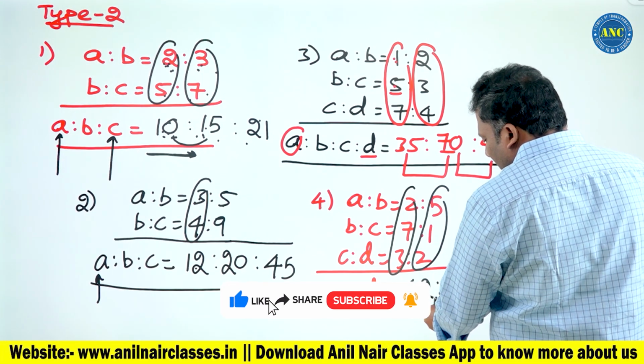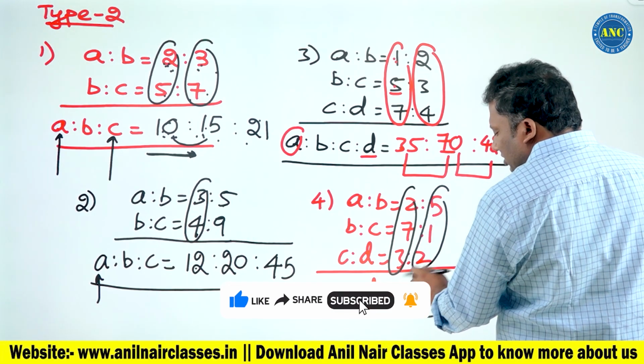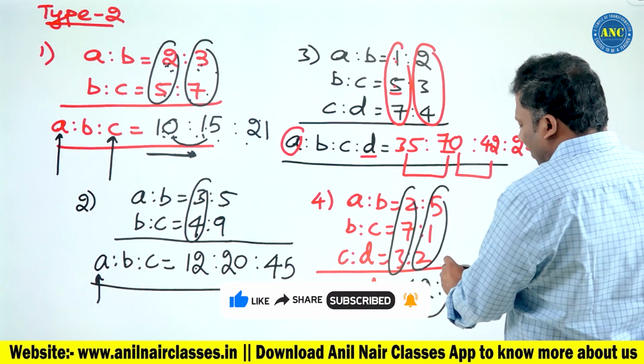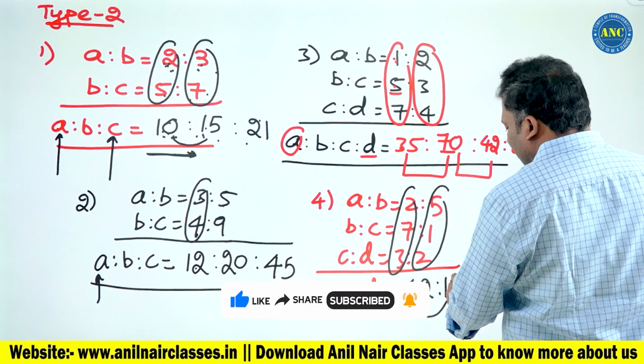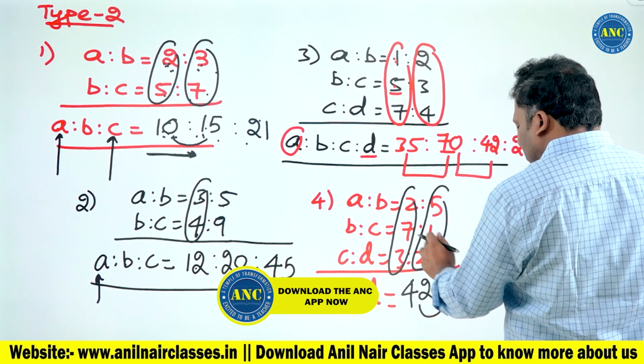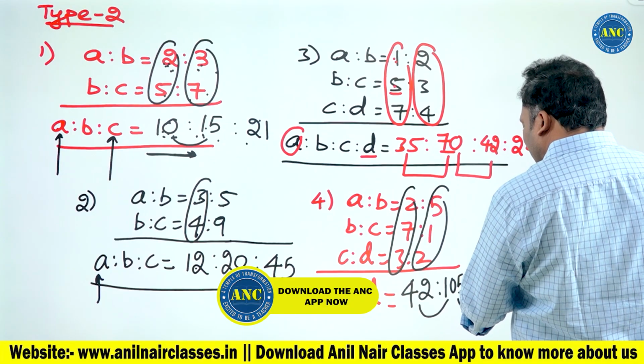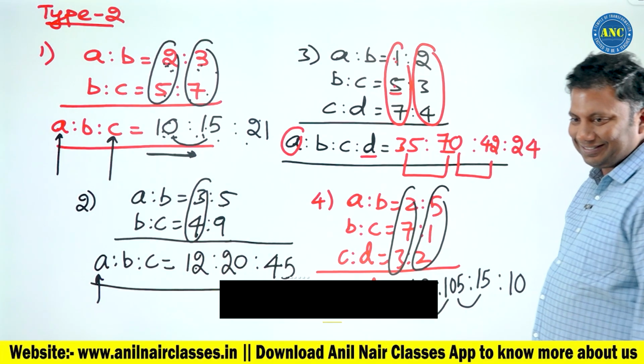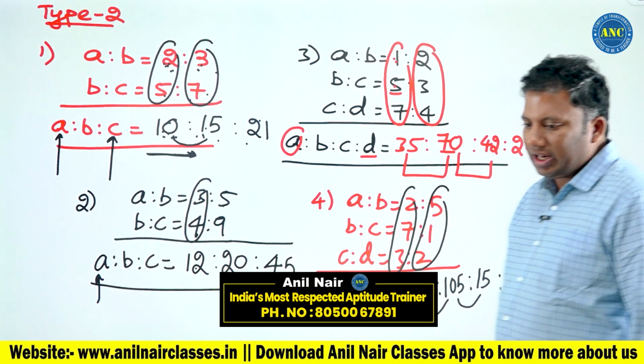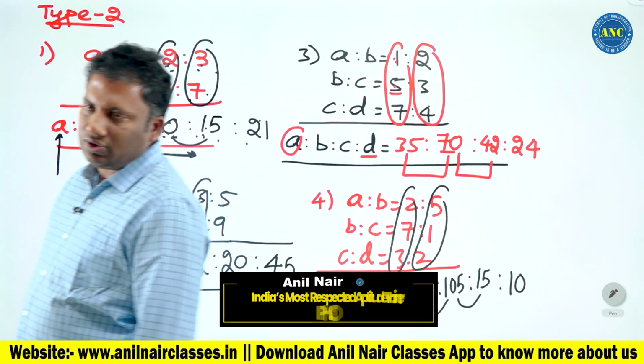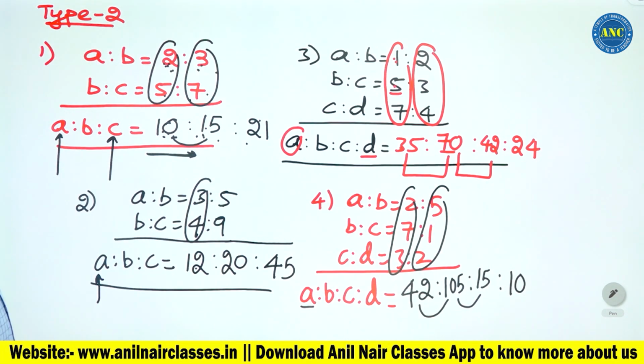A is to B: 2 21s are 42, 5 21s are 105. B is to C: 7 15s are 105, 1 15s are 15. So 42 is to 105 is to 15 is to 10. Is the idea clear?